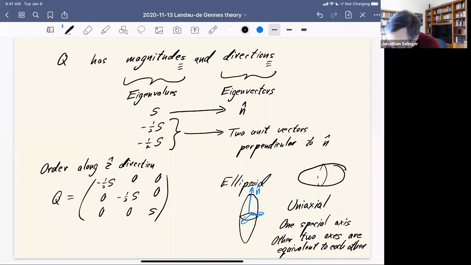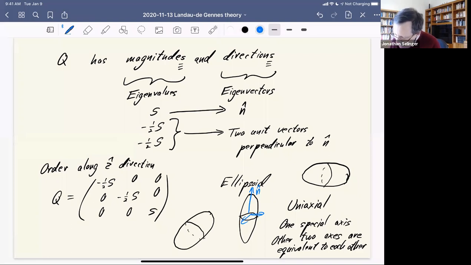This is not a very good looking ellipsoid. Let me try again to make it a little bit more symmetrical looking. Something like that. Okay. All right. So it could be oriented vertically or horizontally or in any direction, diagonally.